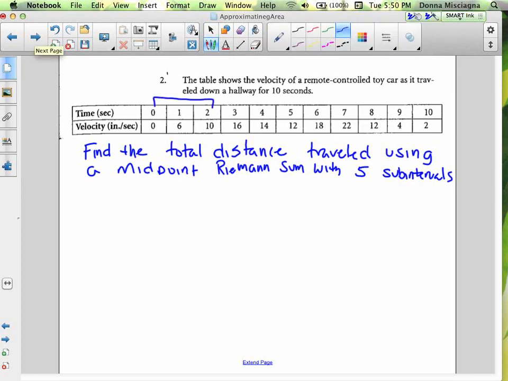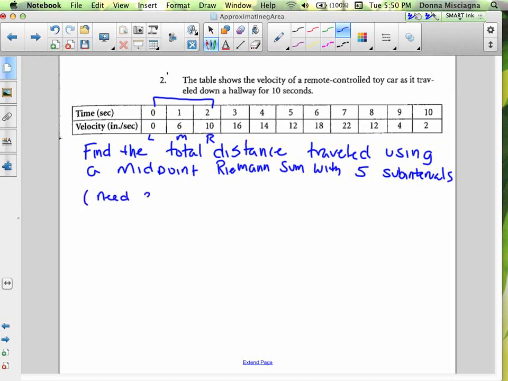This one would be the left-hand value. This would be the right-hand value. And this will be the middle value. Right? So if you're doing a midpoint Riemann sum, you need to have 3 values. Right? Let's put that in there.